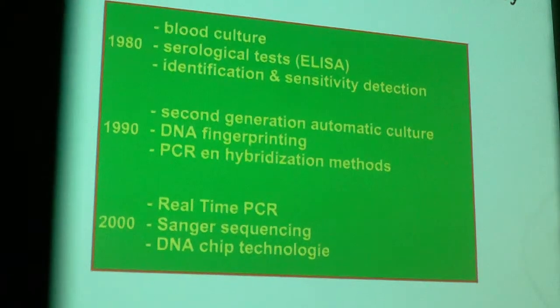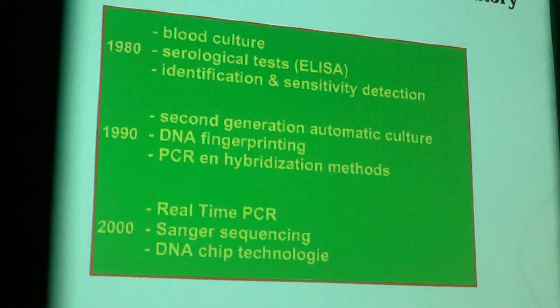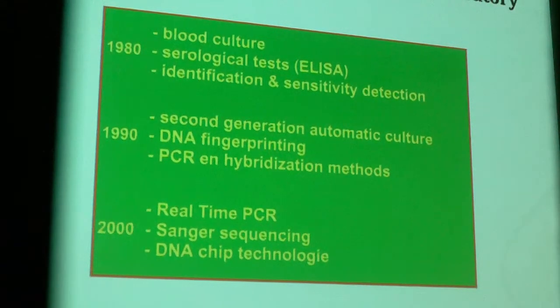I will go back to the period of Antonie van Leeuwenhoek, which took 100 years of development to reach Louis Pasteur, and if we look now, it took 100 years again to come to the major switch into molecular diagnostics. So that's more or less the same period. And we are now talking about real-time PCR, Sanger sequencing, and DNA microarray technology.